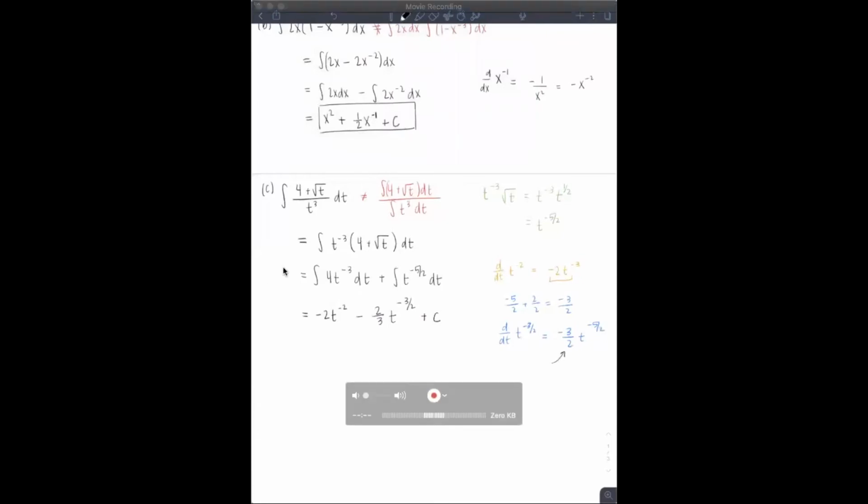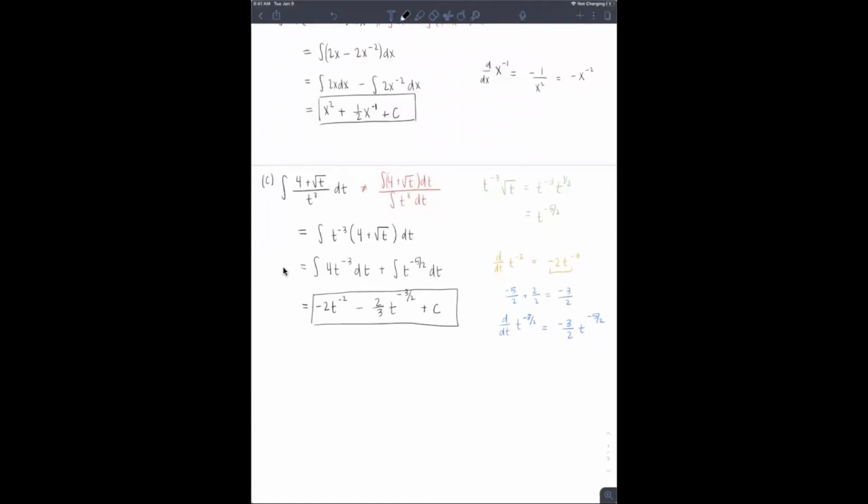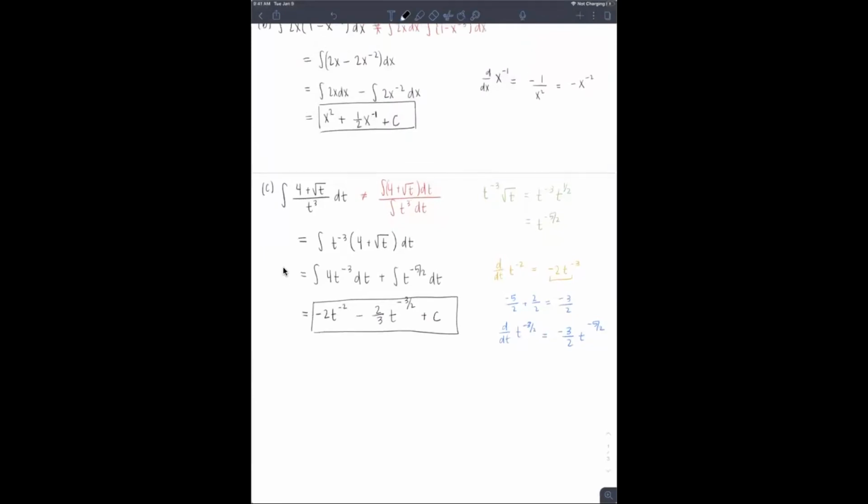So does anybody have any questions about these problems? For B, the antiderivative be 1 over 2x to the negative 2.